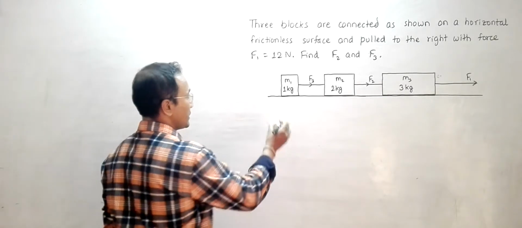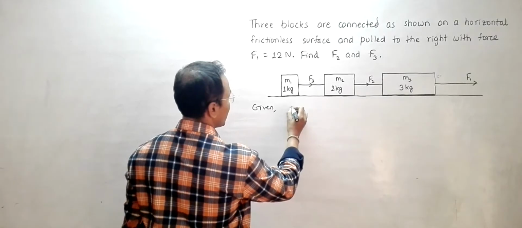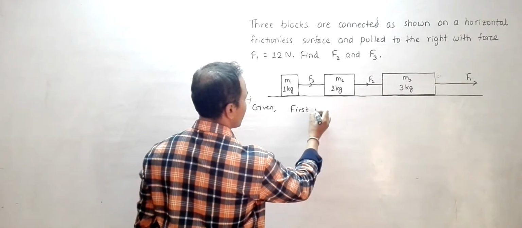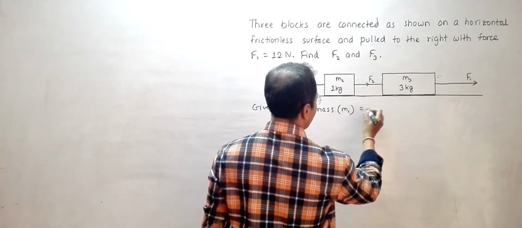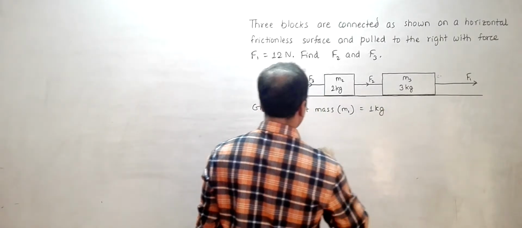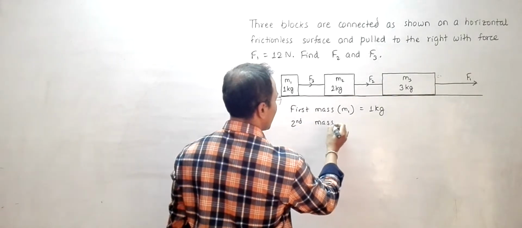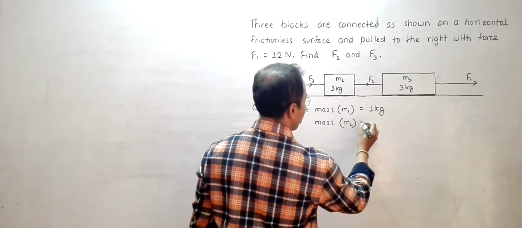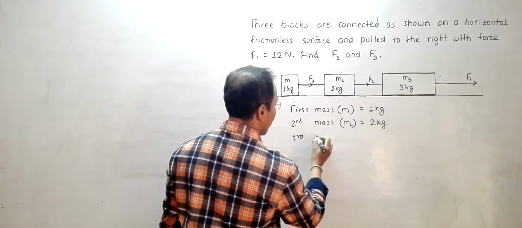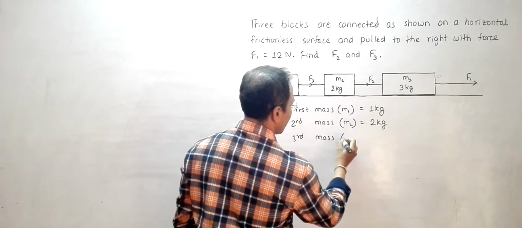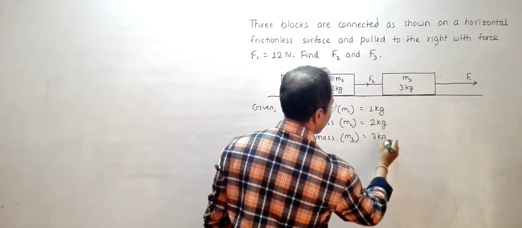Let's write the masses here. The given quantities will be, first mass M1 is equal to 1 kg. Second mass M2 will be equal to 2 kg, and the third mass M3 is equal to 3 kg.